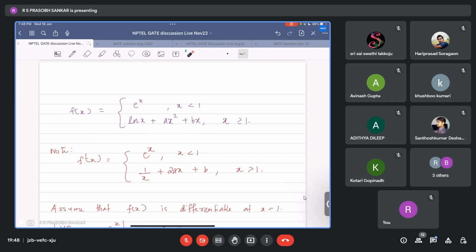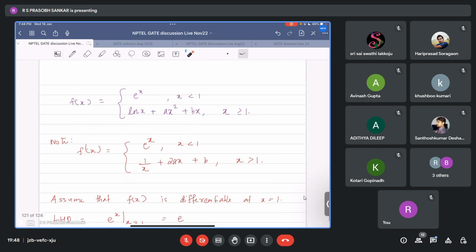If we just ignore the point x equal to 1, it's very easy to see that the derivative f dash x is d by dx of e raised to x, so f dash x is e raised to x for x less than 1. That is clear because this is the function for x less than 1, and it is differentiable, so this is the derivative.